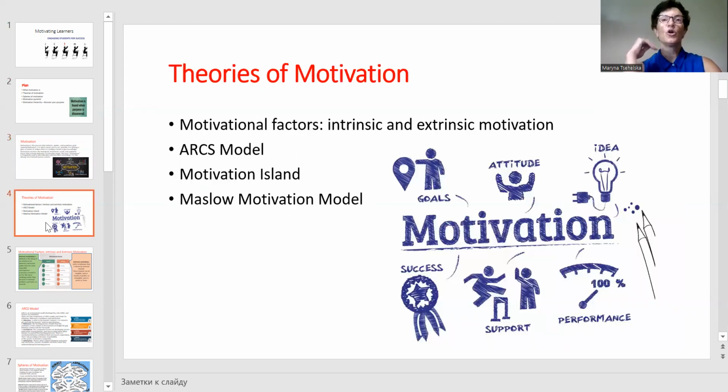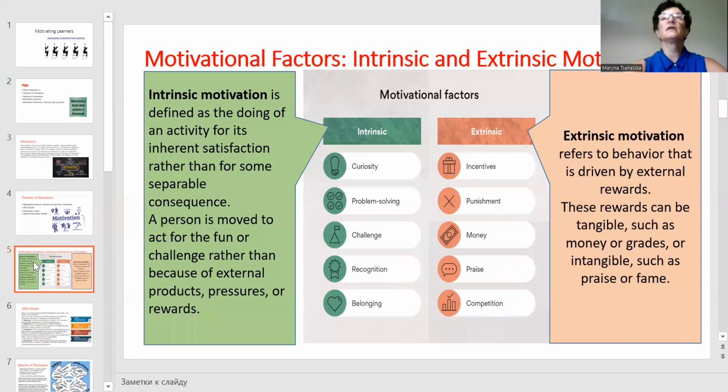And now we'll talk about these 4 important series of motivation that I have used and that I believe are extremely important for English language teachers. Series number 1 is about extrinsic and intrinsic motivation.